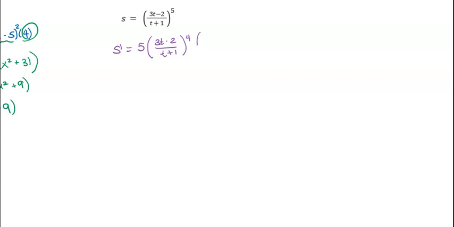Okay, quotient rule says take the derivative of the first, which in this case is just 3, multiply it by the derivative on the bottom, t plus 1. Subtract, keep the first the same, multiply it by the derivative on the bottom, which now is just going to be 1, all divided by t plus 1 squared.